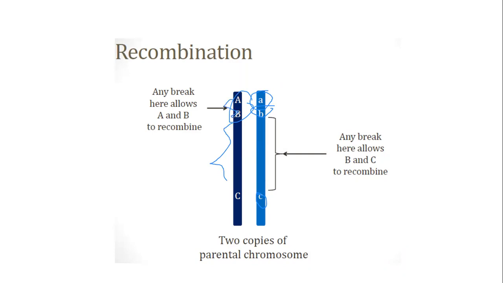So if any break occurs here, then A and B will recombine, but there is very little chance that this will happen. If any break here happens, it allows B and C to recombine, and the chance is much higher because they are far away from each other.